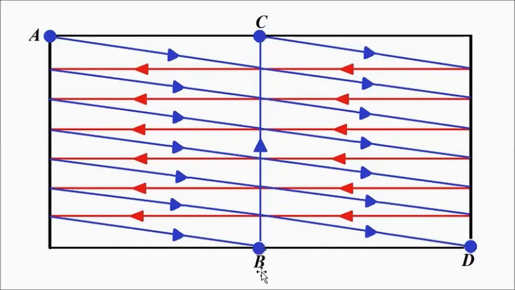Again it moves from B to C, straight ahead, the vertical retrace. After reaching C, the same process is repeated. From C, the electron beam scans, reaches here, then the horizontal retrace marked by the red arrowhead. Again it starts from here to here until it reaches D. So one complete frame is scanned.